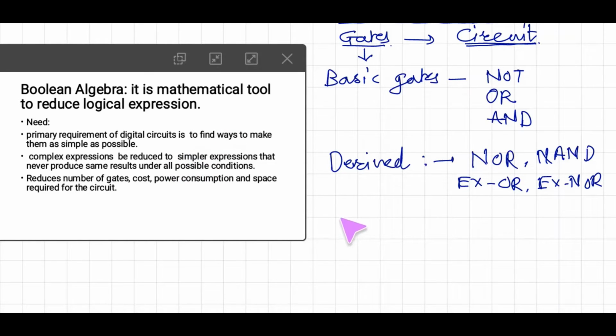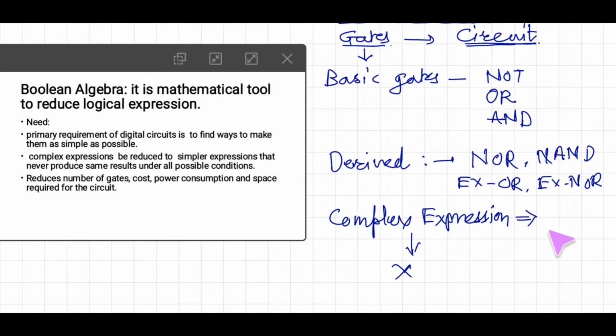Means here you have some complex expression which gives, under certain combination of input, suppose the output is X. Now when we simplify this complex expression using Boolean algebra into simple form, this simple form expression or the circuit gives the same result.